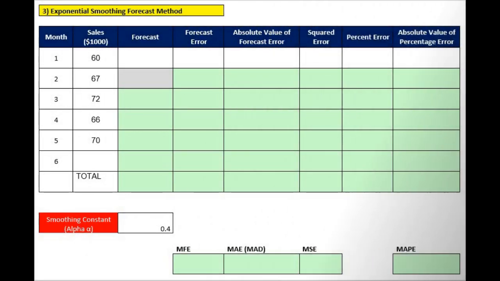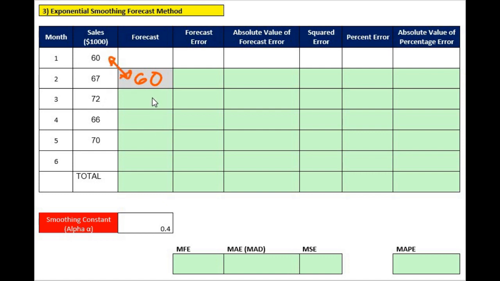The next forecasting method is the exponential smoothing forecast. For the second month forecast, we will be using the naive forecast, which is the most recent. So for this part, this would be 60, we get the most recent value.